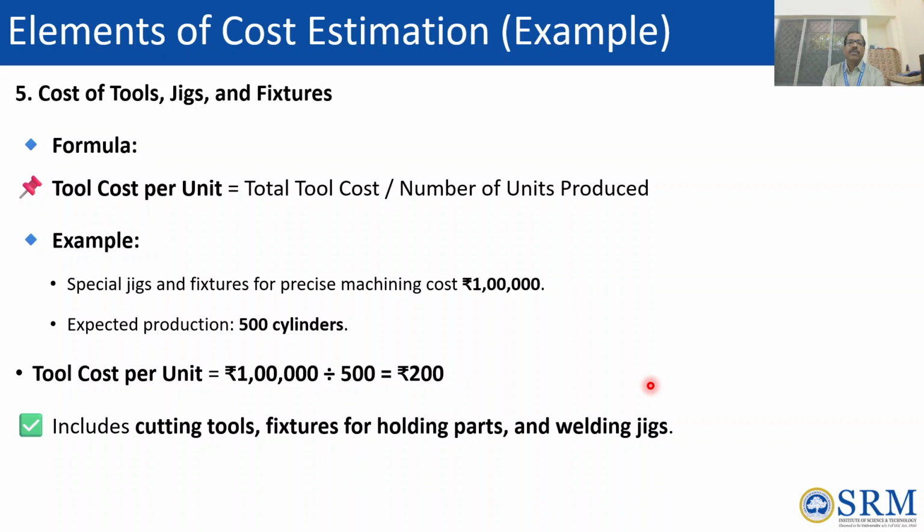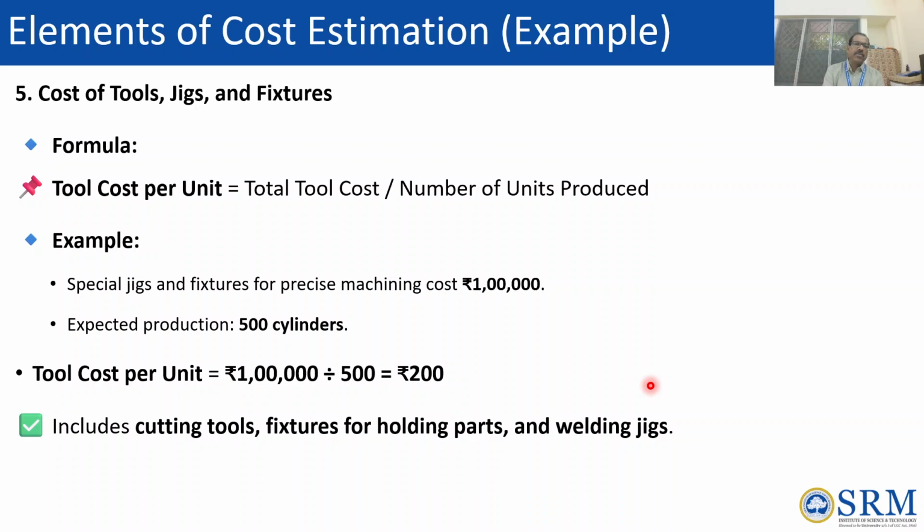Tool cost per unit will be the total tool cost divided by the number of units being produced. So special jigs and fixtures for precision machining are needed. That would cost around 1 lakh rupees. And the expected production, how many of this particular hydraulic cylinder we are going to make, is 500 cylinders. That is our plan.